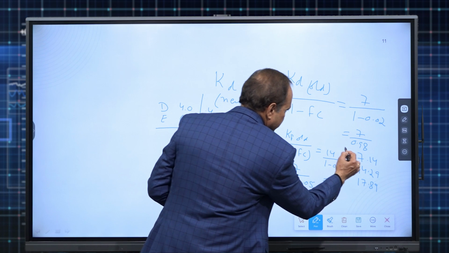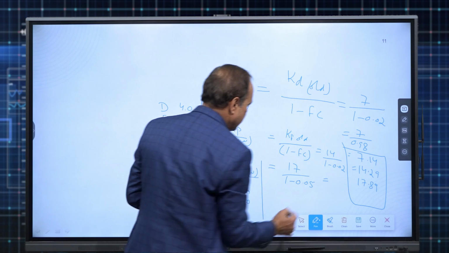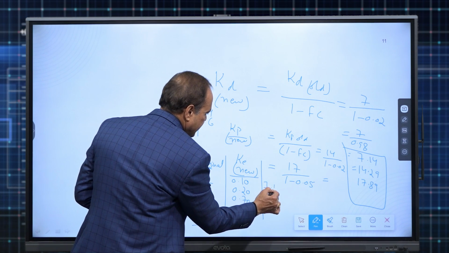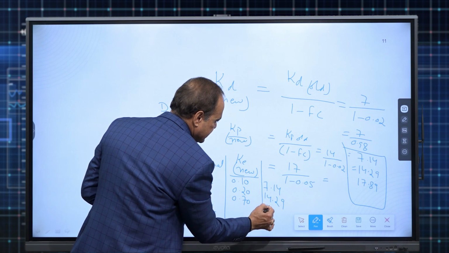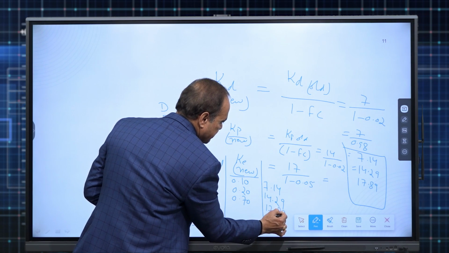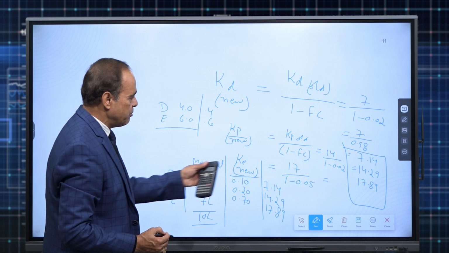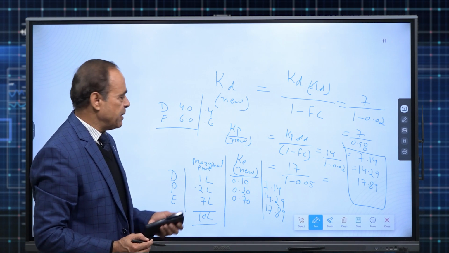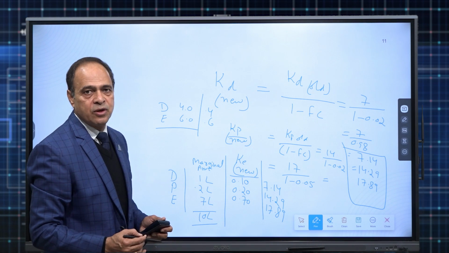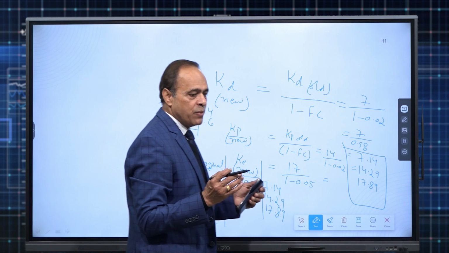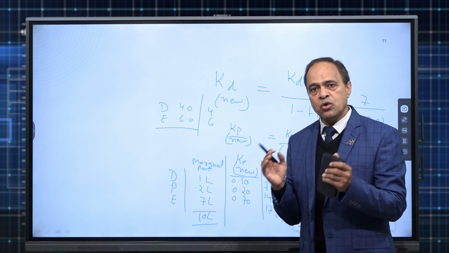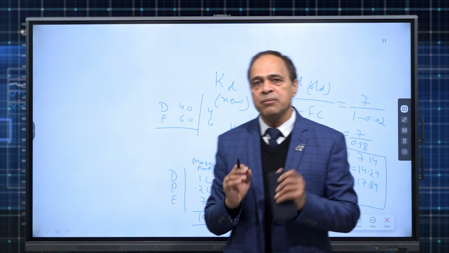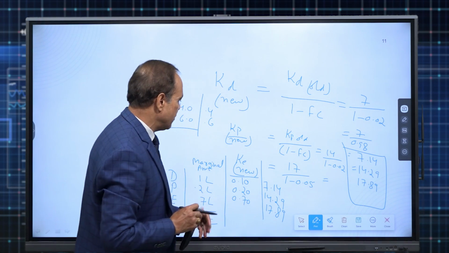Now we will be using these new costs: 7.14%, 14.29% and 17.89%. And now we will multiply these values with the respective weights and the same mechanism will be there. So the idea is simple. Either you can have book value weight, market value weight or marginal weight. The mechanism will remain the same. So let us proceed further.